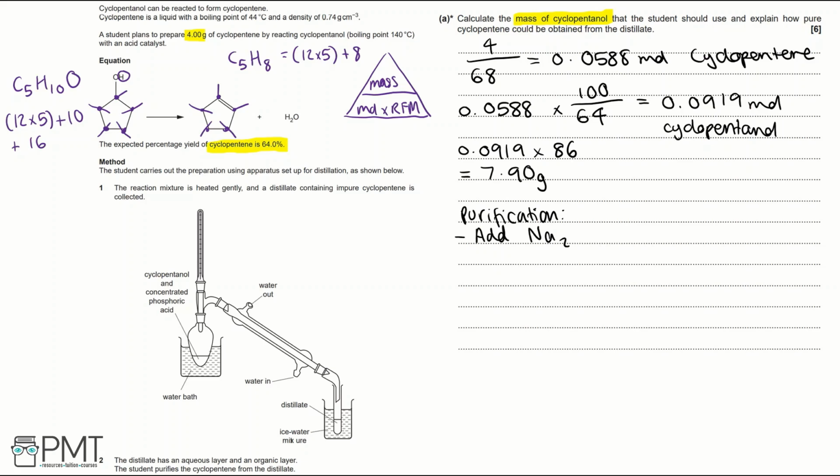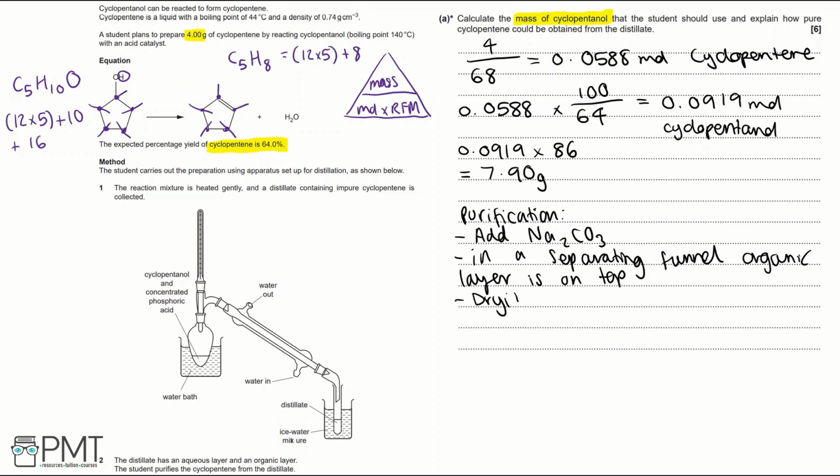Then looking at the purification techniques. Firstly, you need to add a neutralizing agent, such as Na2CO3 or sodium carbonate. Then we need to talk about the different layers in the separating funnel. The organic layer is going to be on the top, and it is going to contain the cyclopentene. That's because it's going to be less dense than the concentrated phosphoric acid.